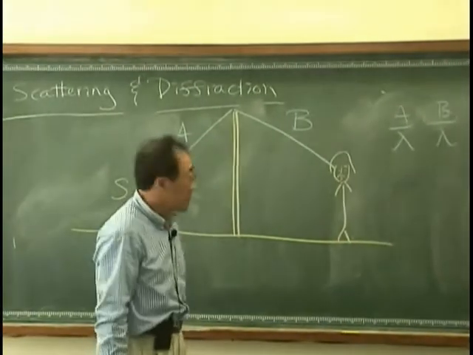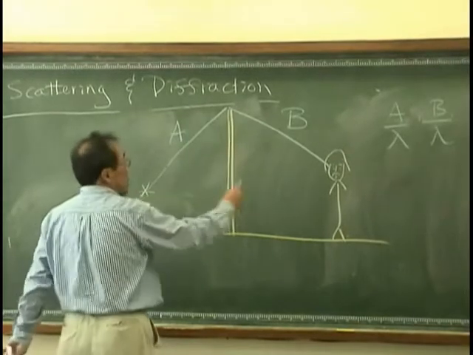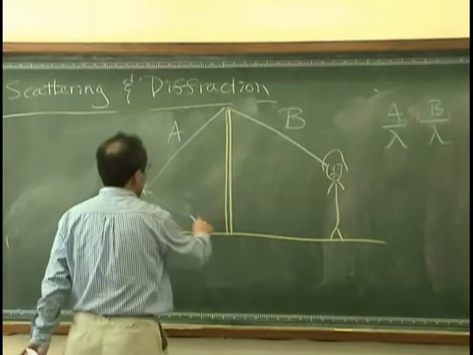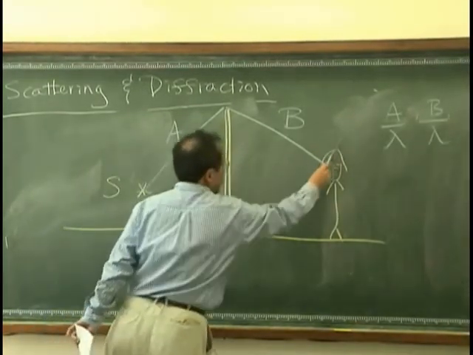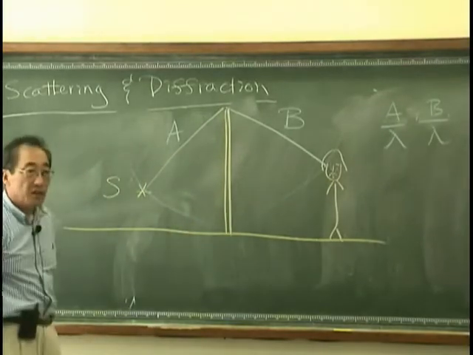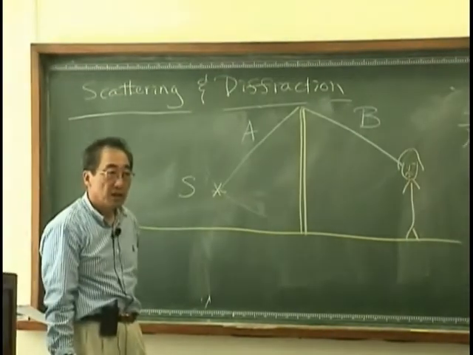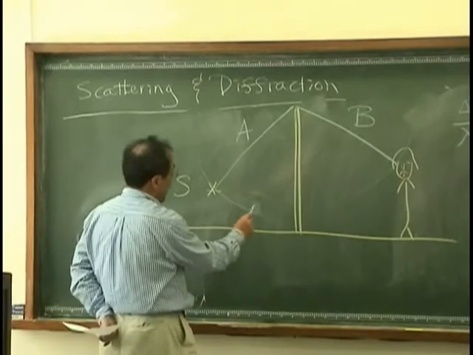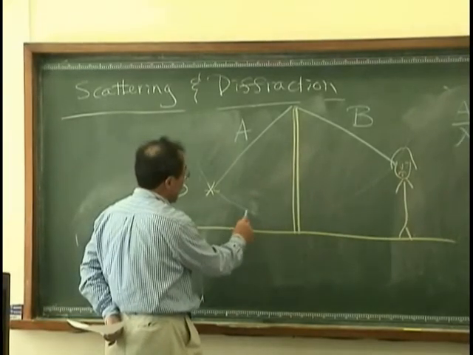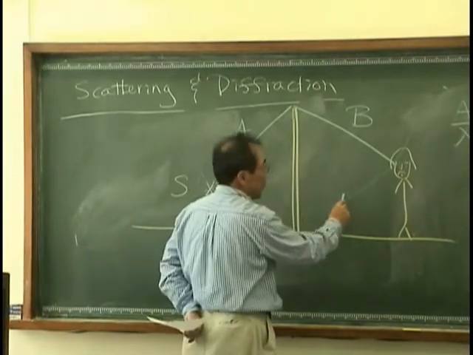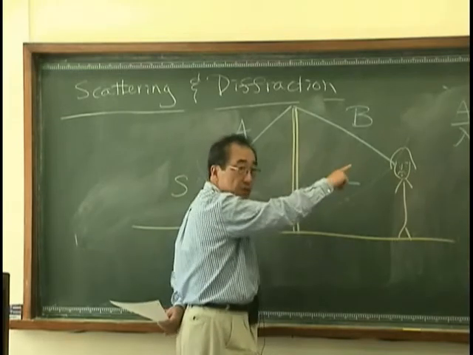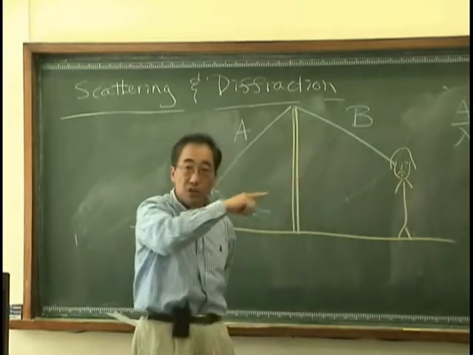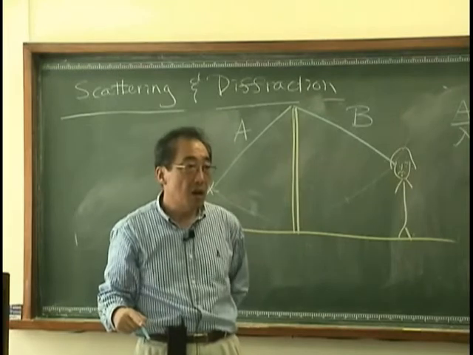Okay? But that's not enough, because this essentially means that I am drawing a circle. If I put the source over here or the receiver over here, these measures are the same.